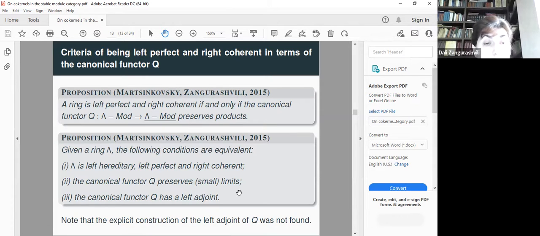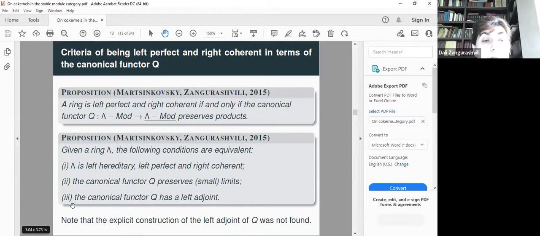Here is a theorem. It asserts that these three conditions are equivalent. The first condition is that lambda is left hereditary, left perfect, and right coherent. The second condition asserts that the canonical functor Q preserves all small limits. And the third condition is that the canonical functor Q has a left adjoint.